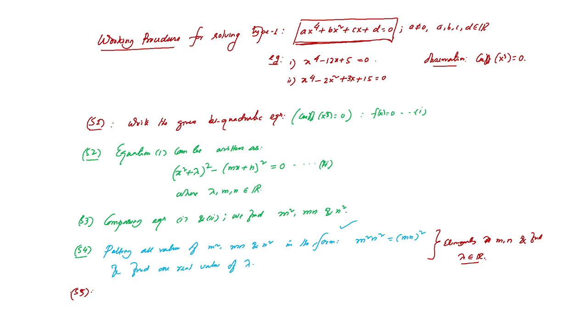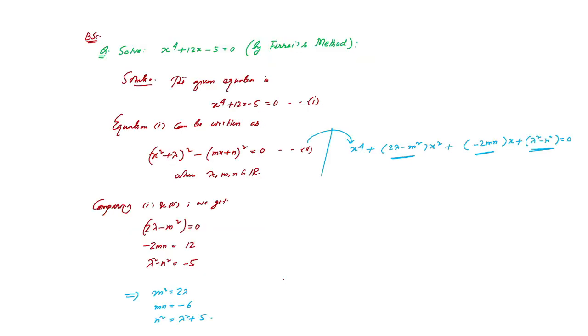What will be our step 5? Once you get the value of lambda, you will find from the value of lambda the values of m and n, and also find the roots of the equation. That is the last step that we will continue now.